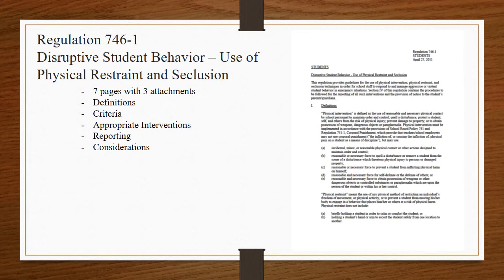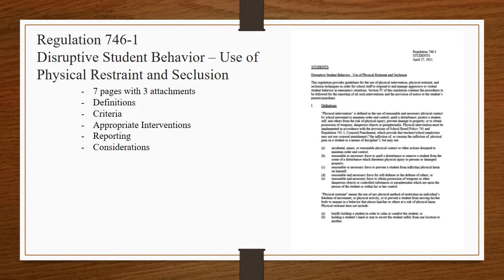Now within this regulation, there is a criteria about physical intervention, physical restraint, or seclusion. Seclusion means the confinement of a student alone in a room for which the student is physically prevented from leaving.